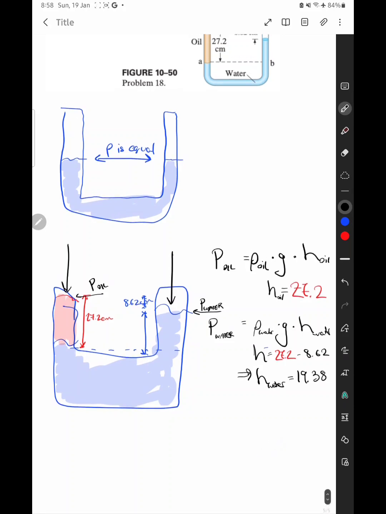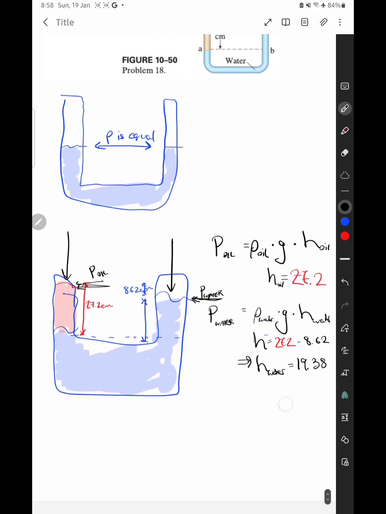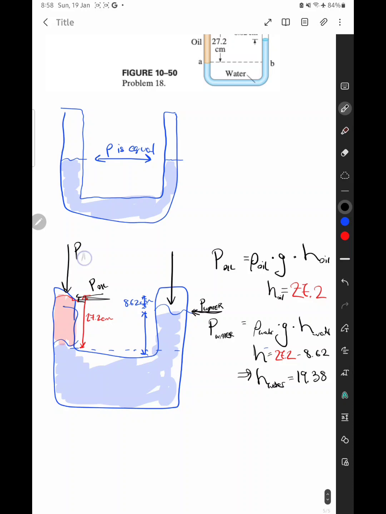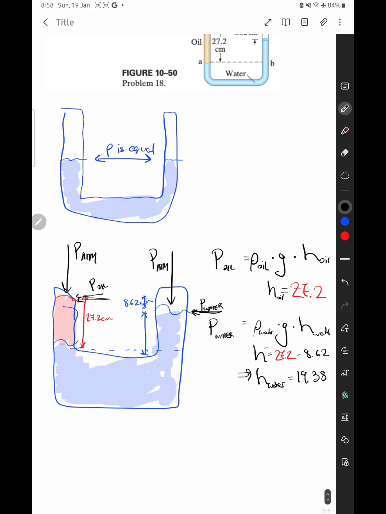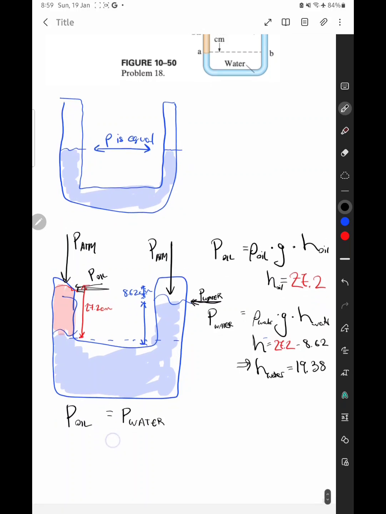So we have our pressure of the oil at the top of the pipe, and we have the pressure of the water at the top of this side of the pipe. And again, the atmospheric pressure is the same on both of them. Alright? So the pressure at both of those points, P oil and P water, is the same. So we can equate them.